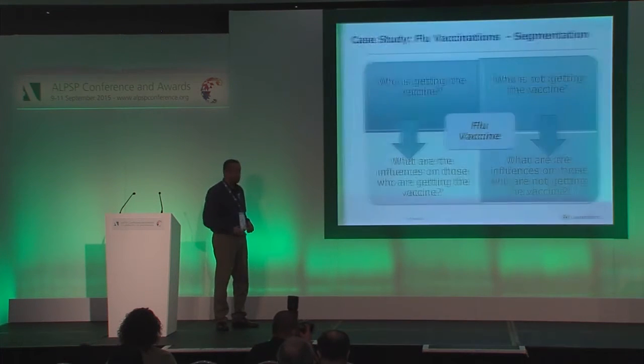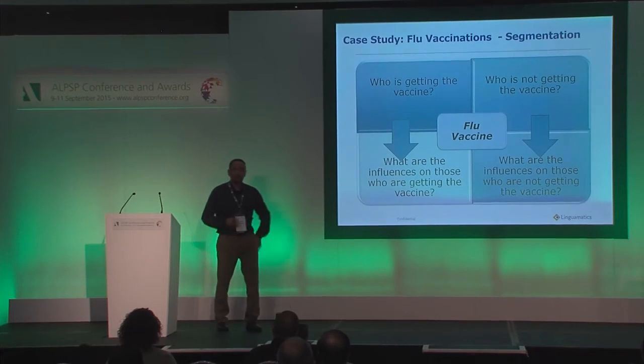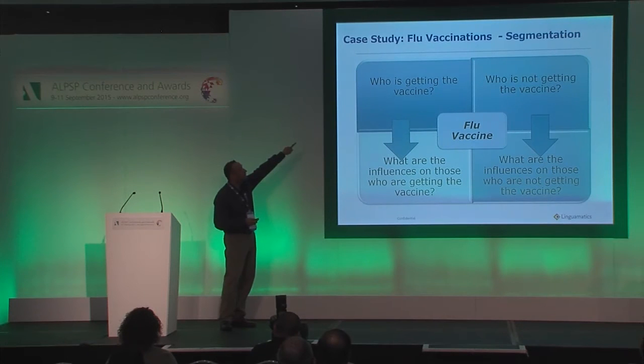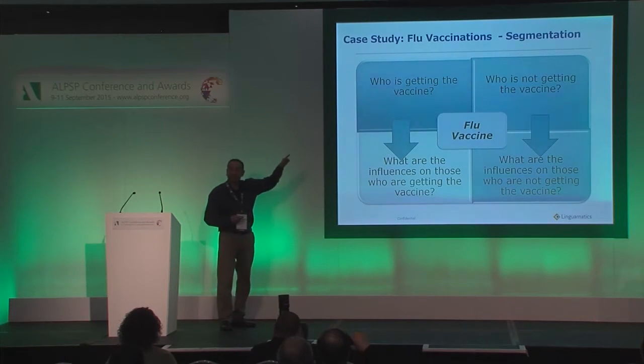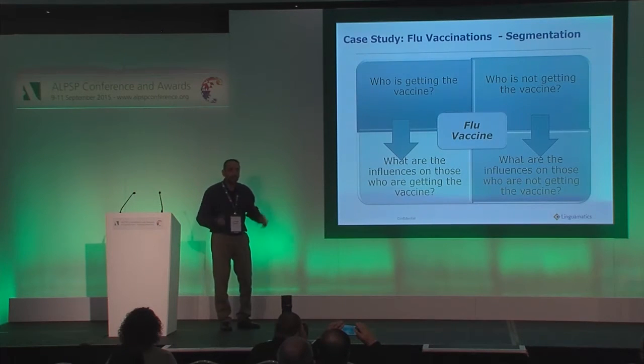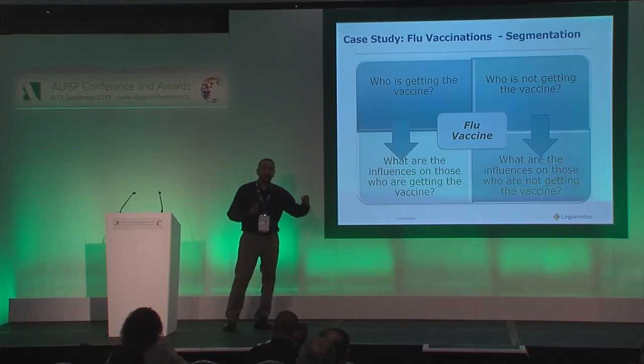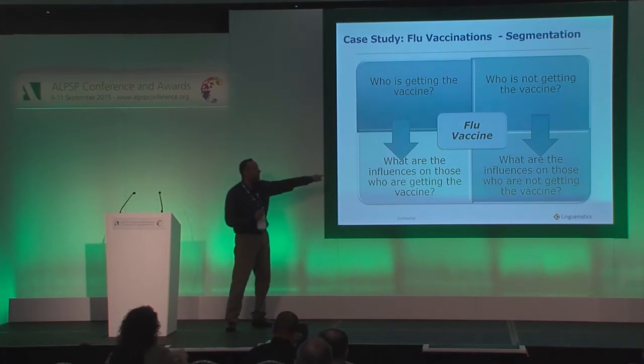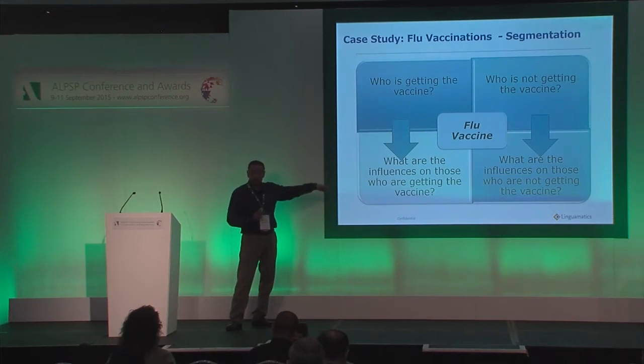So we decided to do a study, not just to see who's saying what, but more specifically, who's actually getting the vaccine and who is saying they're not getting the vaccine. Not just people scaremongering or spreading general rumor or discussing the subject in general, but quite specifically saying, I am getting the vaccine, or I am definitely not getting the vaccine. And then what's influencing them? That's an interesting thing.